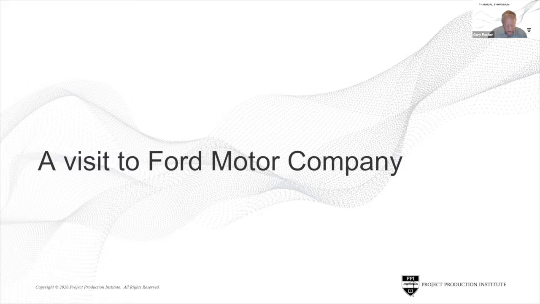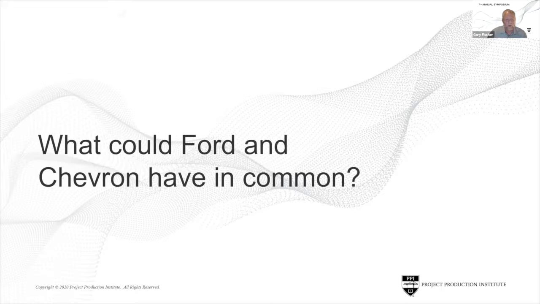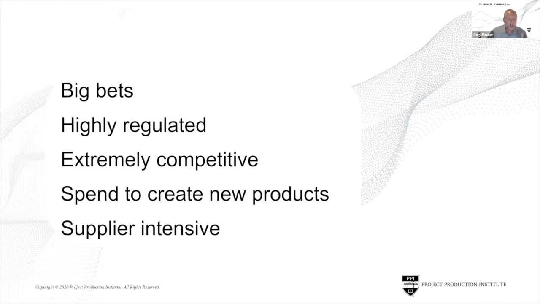This was probably the most impactful of all the visits we had. So what in the world could Ford and Chevron have in common? We found that they wanted to understand how we make big bets in the energy sector, how we make those big decisions. And we wanted to understand how they did product design, product development, and manufacturing. As we sat down and talked, we found we have a lot in common.